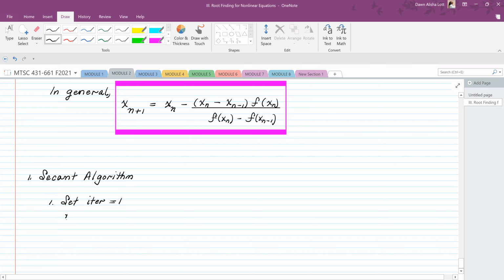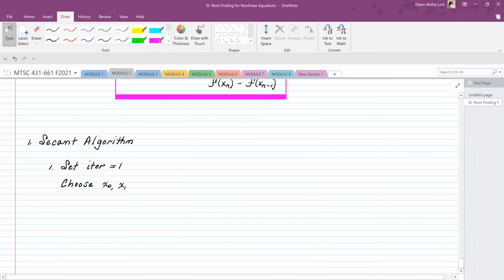We also have to choose two guesses, x0 and x1, and they have to be distinct clearly. Then we're going to set an epsilon, that's going to be our tolerance. We also need to define Imax equal to the maximum number of iterations.